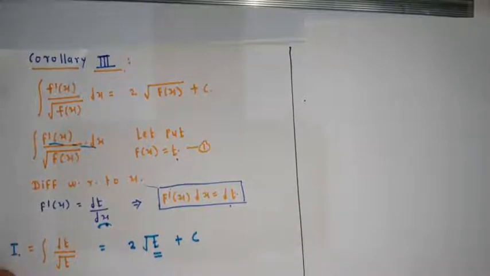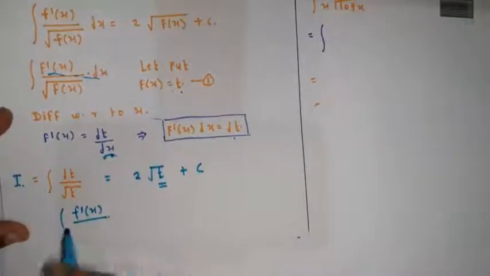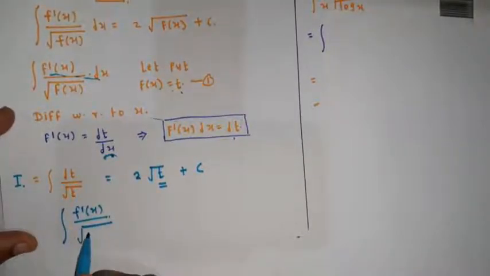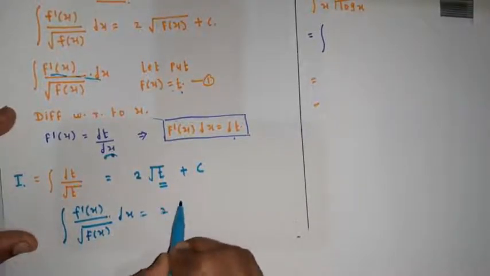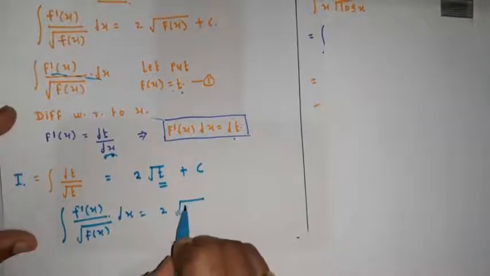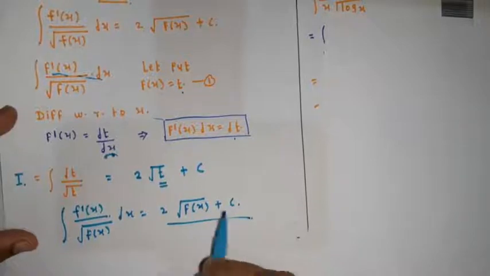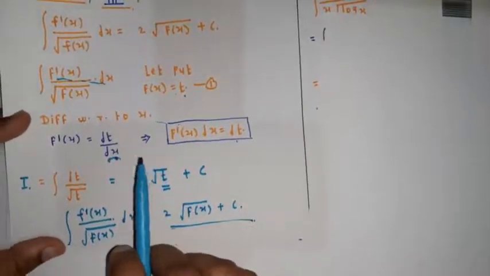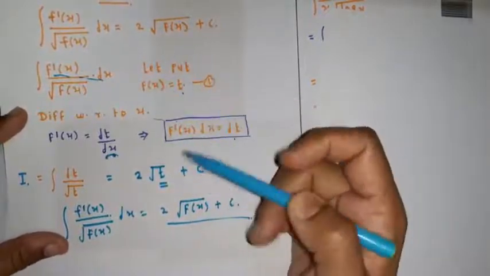Resubstitute the value of t, and hence integration of f dash of x upon root of f of x with respect to x is 2 root f of x plus constant of integration c. This is the formula. Students, according to this corollary you can solve the integration directly.